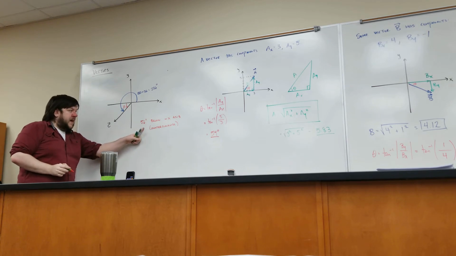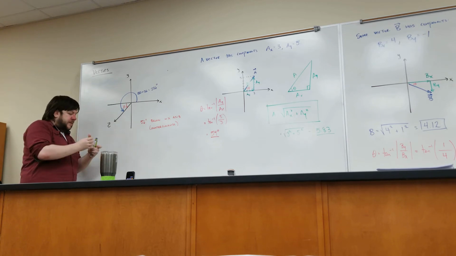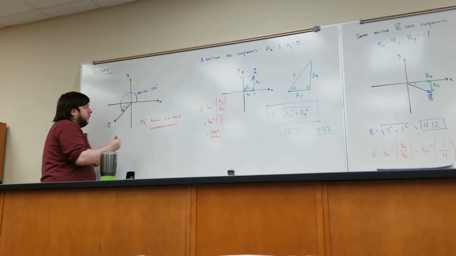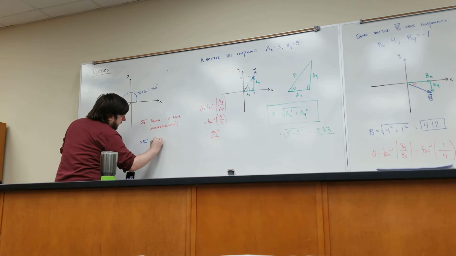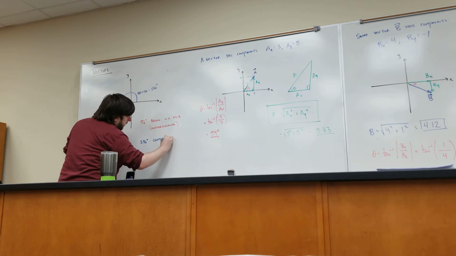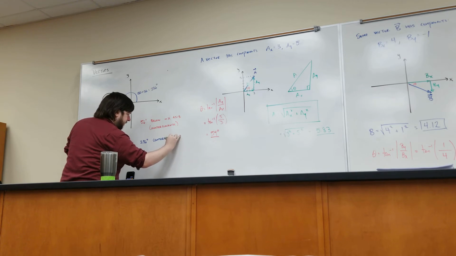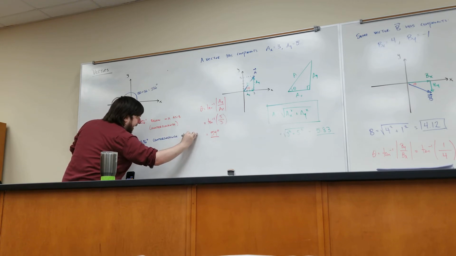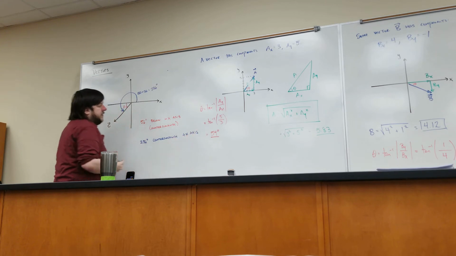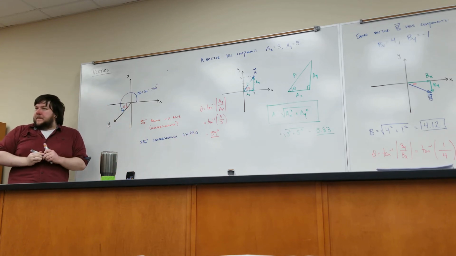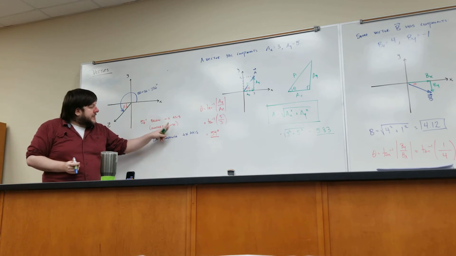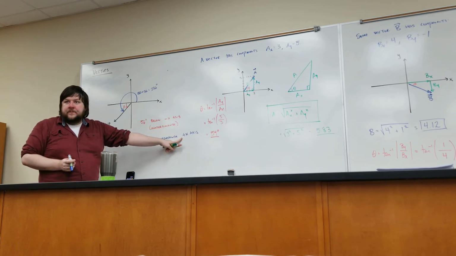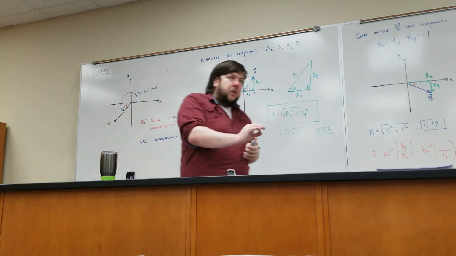That's a perfectly valid way of describing the direction of this vector. Another perfectly valid way is to say 236 degrees counterclockwise to the positive x axis. The numbers are not the same because the reference point is not the same. But they are both correct.